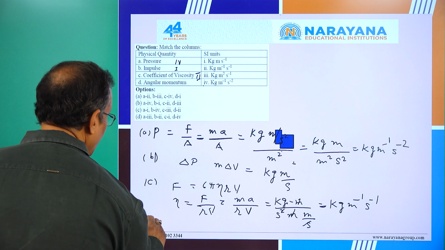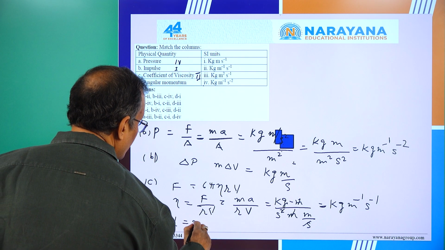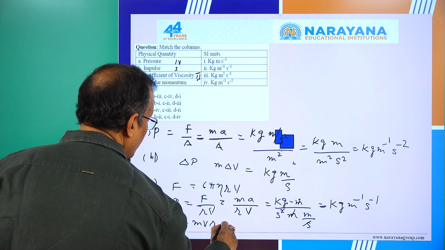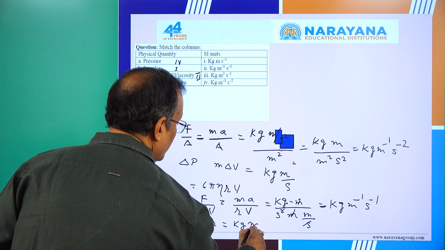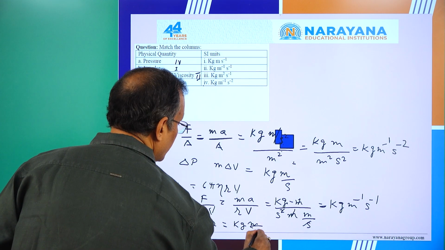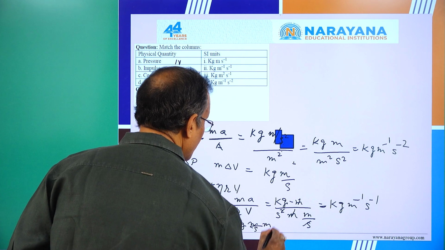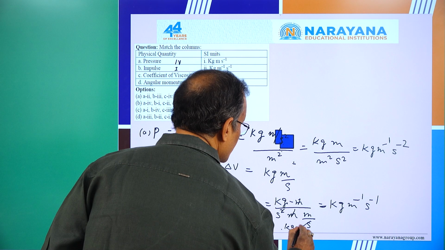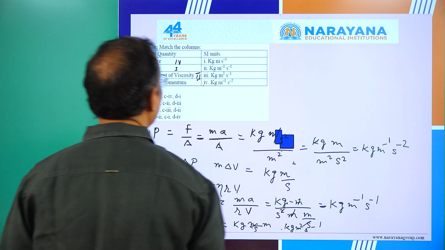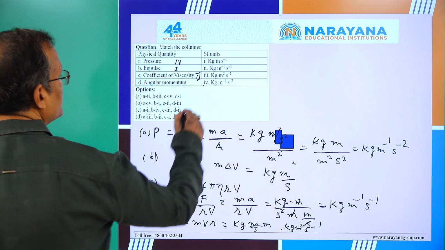Angular momentum D is mvr. So L will be equal to mvr: kilogram meter per second, and here is meter. So this will become kilogram meter squared second minus 1.